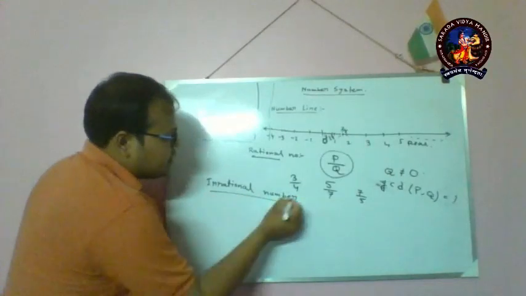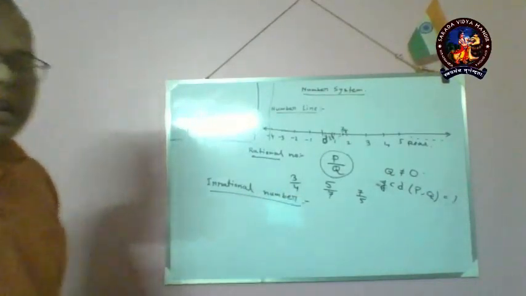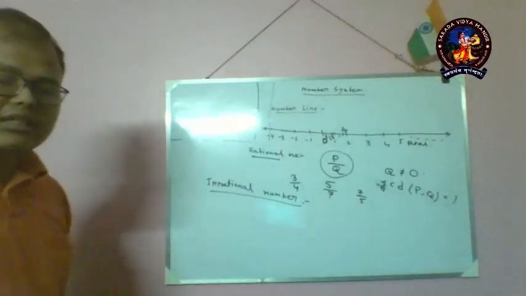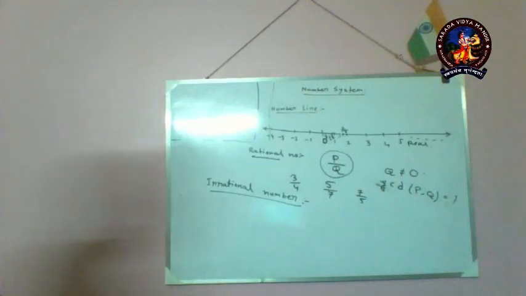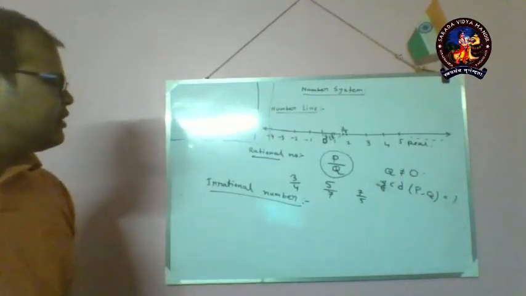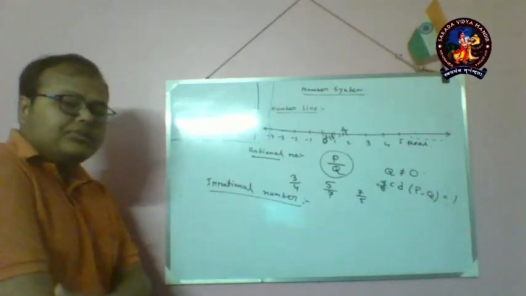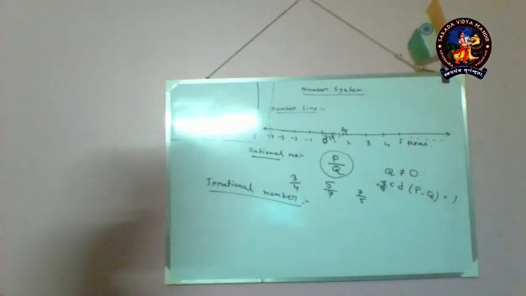This is a very basic definition for the irrational numbers, the numbers which are not rational. But there is another definition also available for irrational number. The number whose decimal expansion is non-terminating as well as non-recurring, they are called irrational number.